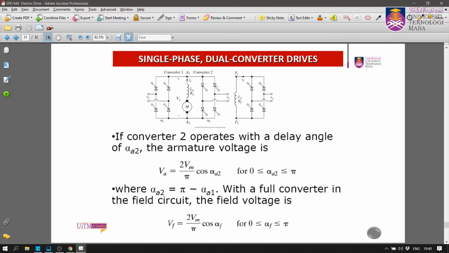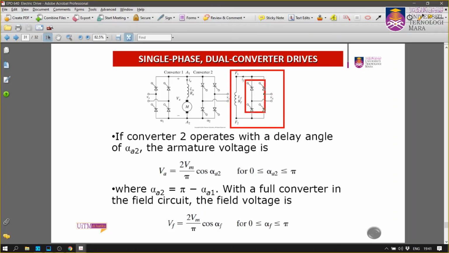Okay, and for the full converter, the field voltage is VF equals 2 V peak over pi cos alpha. So for this side, you also have this full converter. So that will be the output voltage of VF. So you can still control VF here to control the flux, the IF.